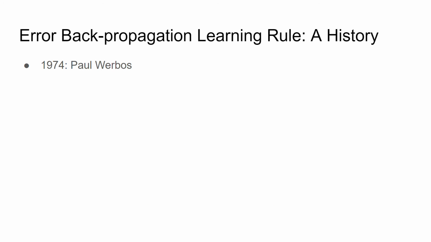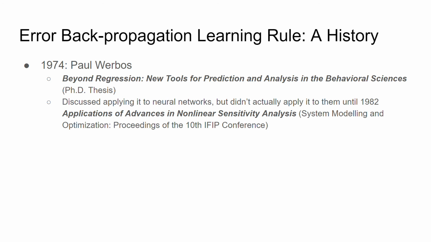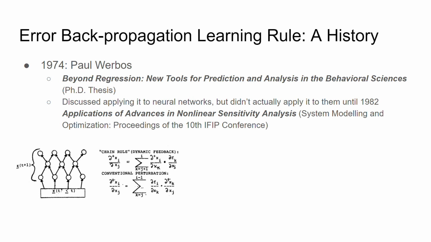If we want something that actually does combine these things, there is a PhD thesis from 1974 that lays this out. It discusses applying it to neural networks, though it doesn't until '82. But it is very definitely looking a lot like neural networks.